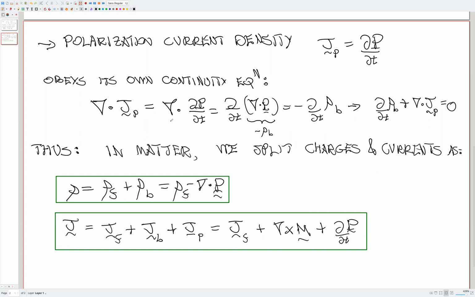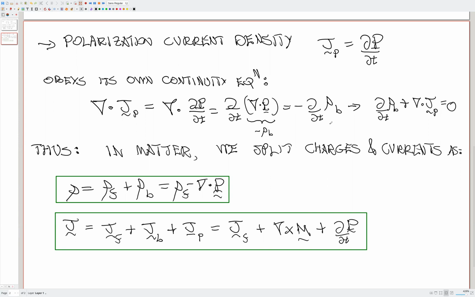From this step to this step, I have simply inverted the spatial and temporal derivatives. And here I've recognized the divergence of polarization as my bound charge density with a minus sign. When we introduced the polarization, we discussed that thing. So once I've done this identification, I'm just left with this thing here.